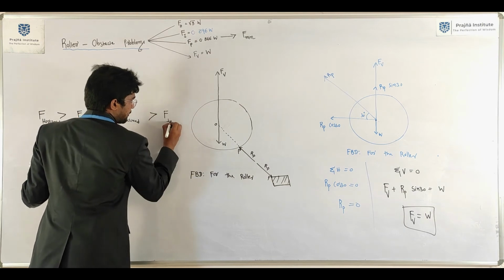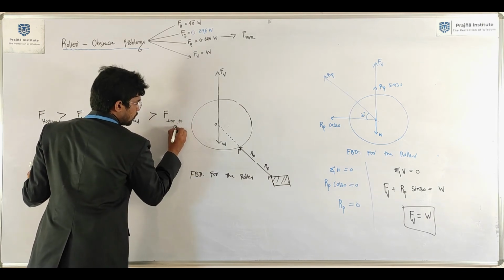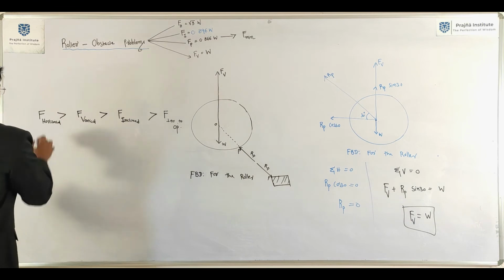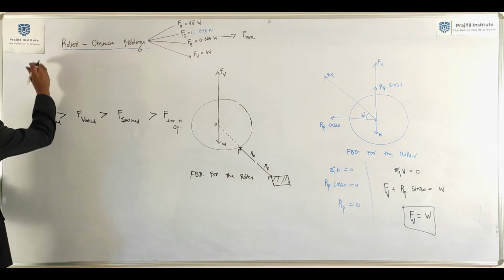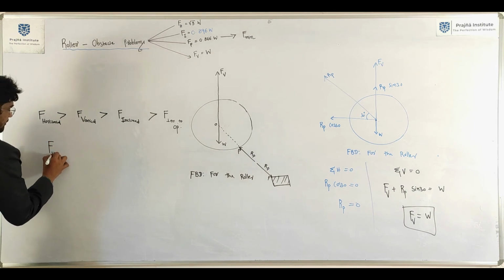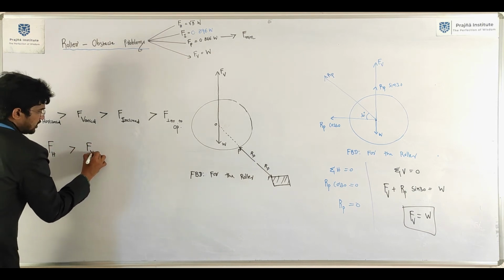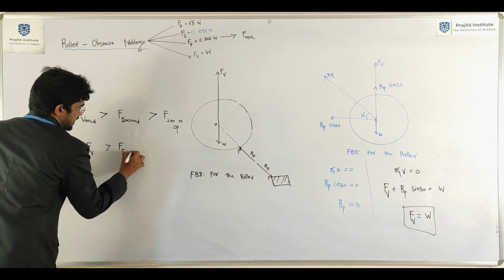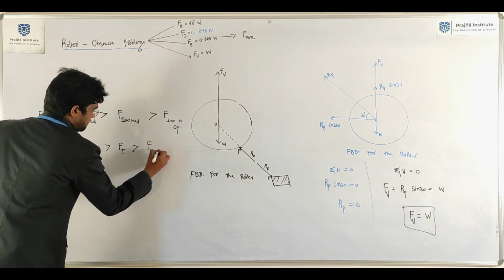It is perpendicular to OP. Okay. Here how much is this? FH greater than FV greater than FI greater than FP.